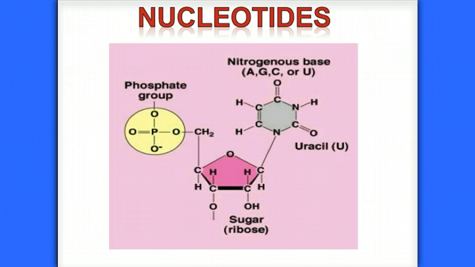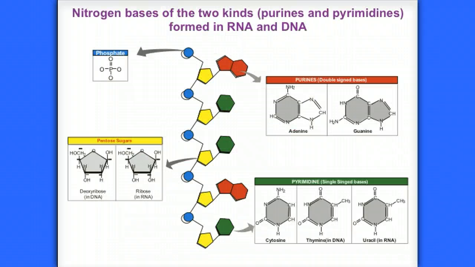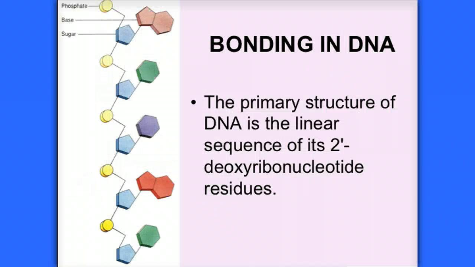The sugar could be a ribose sugar, and nitrogenous bases contain primarily nitrogen compounds. And here we see how they are structured and how the phosphate looks like, how the sugar looks like, and how the bases are, and what the bases are.